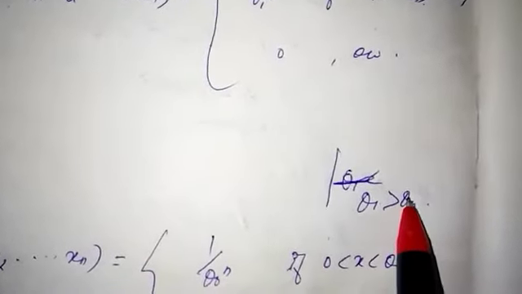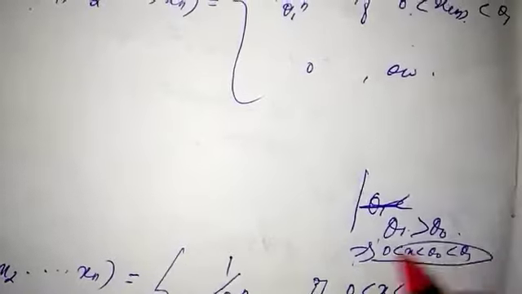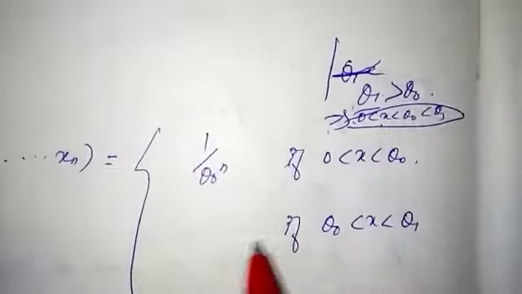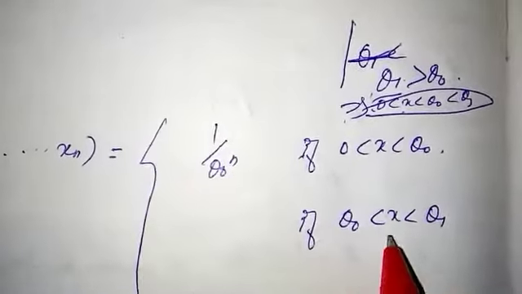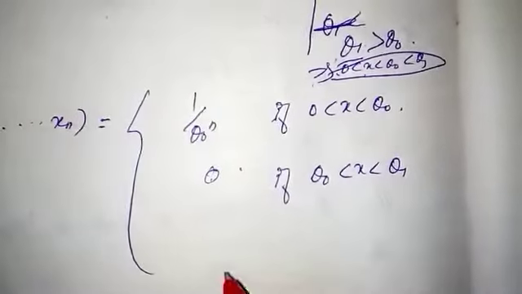We know that theta naught is less than theta 1, so we can write it this way: 0 less than xn less than theta naught less than theta 1. If theta naught is less than xn less than theta 1 under the null hypothesis, then the likelihood is 0, and 0 otherwise.